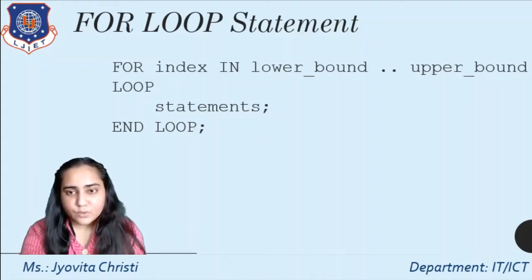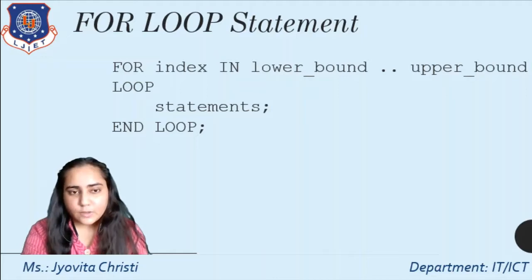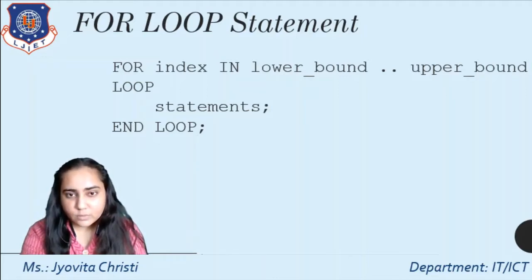When the index is greater than the upper bound, the loop terminates and control transfers to the statement after the for loop statement. If the lower bound is equal to the upper bound, the statements execute only once. When the lower bound is greater than the upper bound, the statements do not execute at all.